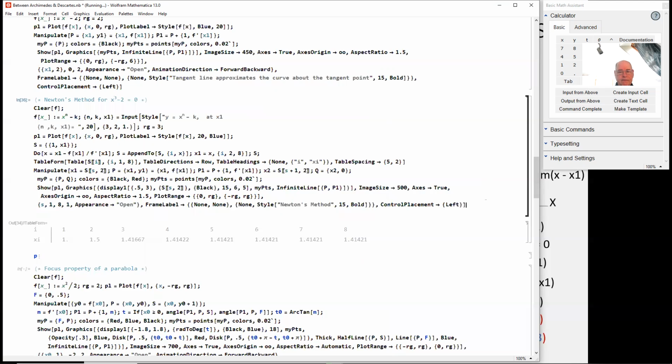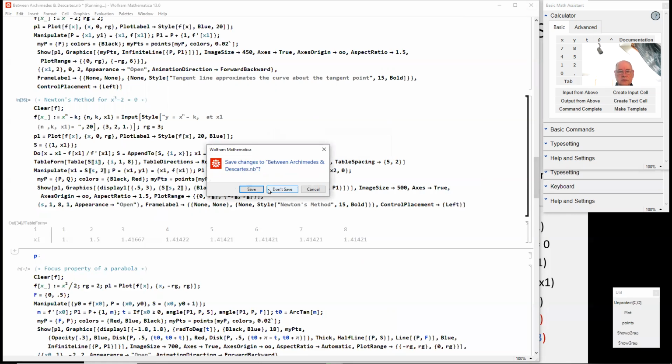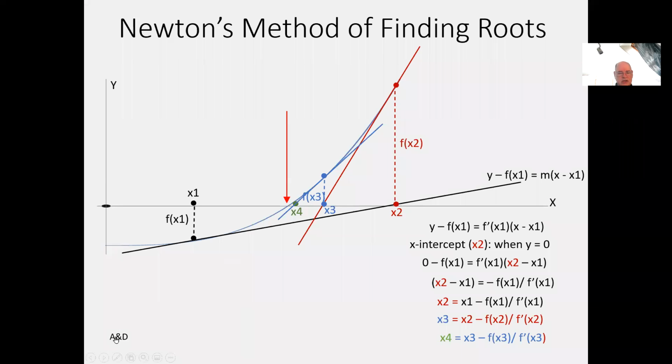And we seem to be hung. All right, I apologize for that. This does happen with a very complex program like this. And let me get out of it. Okay, let's try this one.